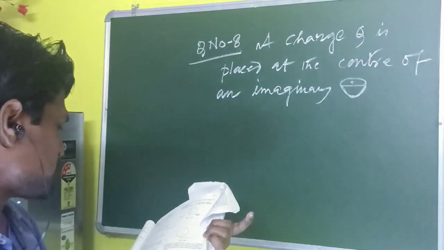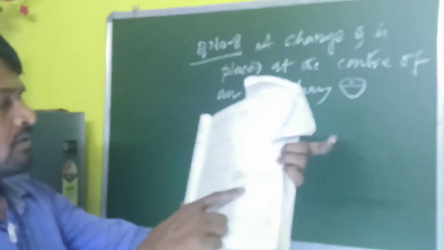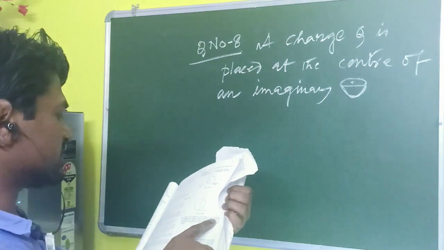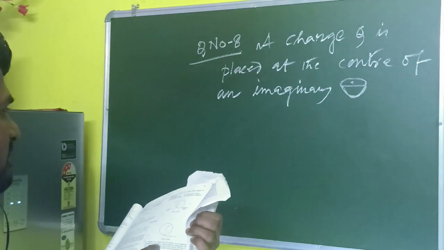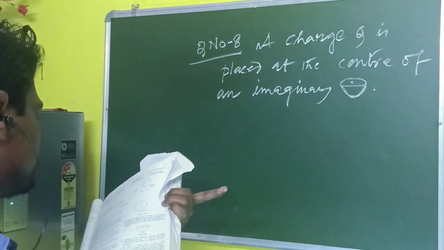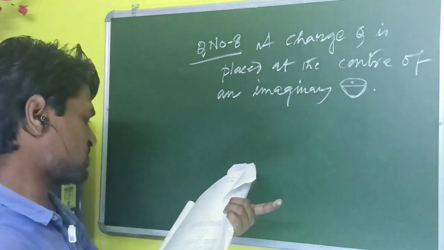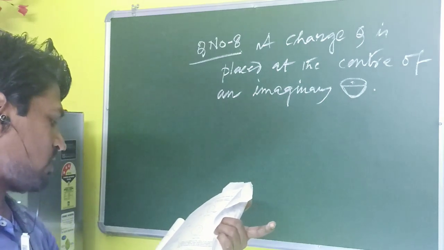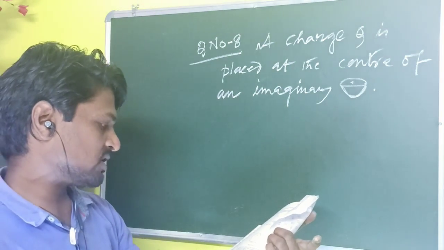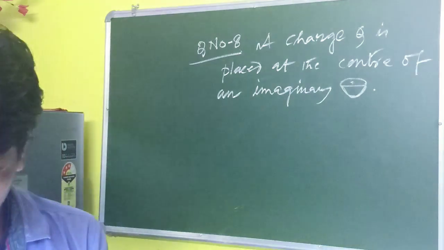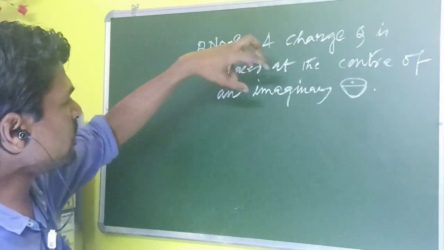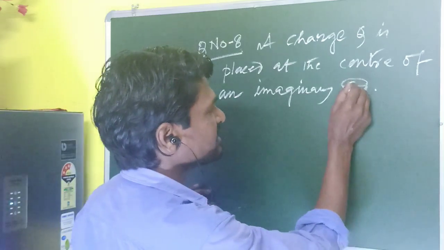This is an imaginary hemisphere. A charge capital Q is placed at the center of an imaginary hemisphere surface. Then, using symmetry arguments and Gauss's law, find the flux of electric field due to this charge through the surface of the hemisphere.